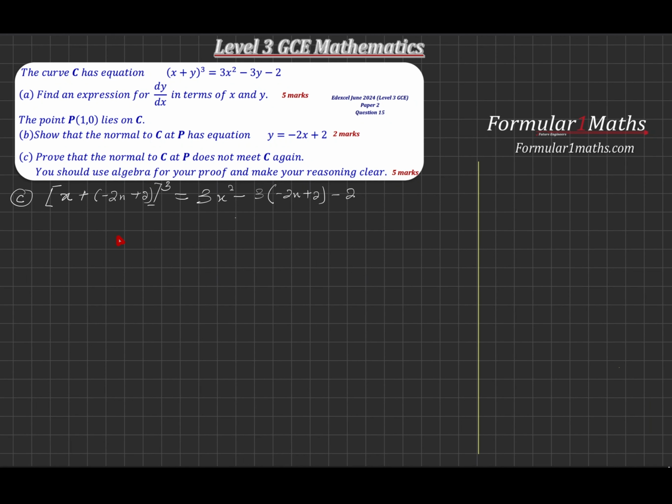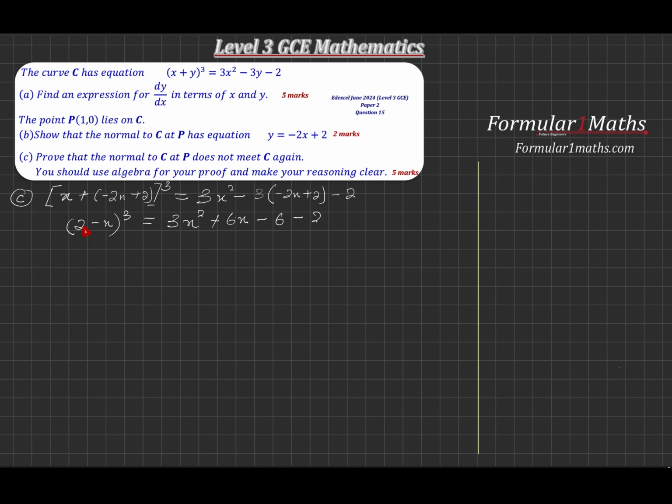If I simplify what's in the bracket, I'm going to get x minus 2x plus 2. So if I write that as 2 minus x, all of that cubed, that will be equal to 3x squared on the right hand side plus 6x minus 6 minus 2.